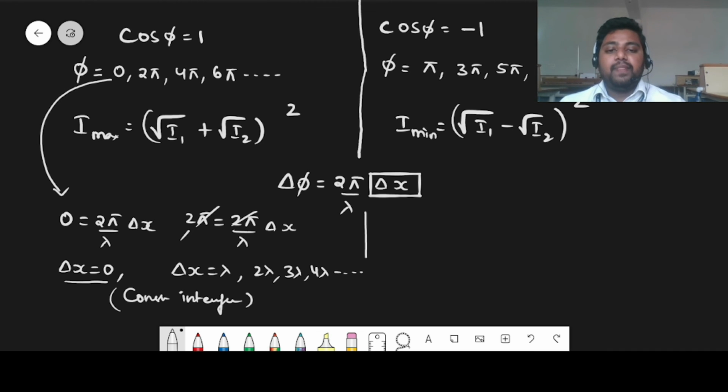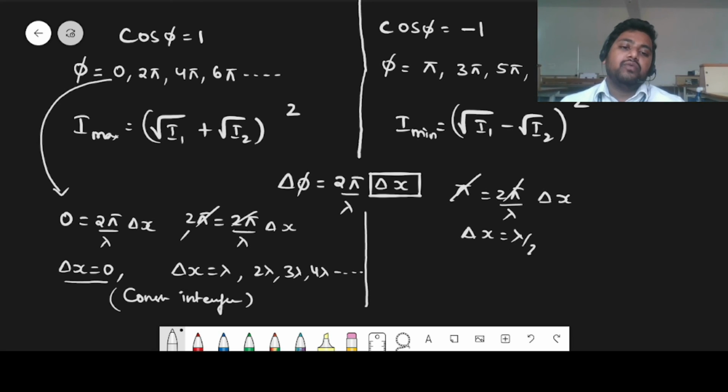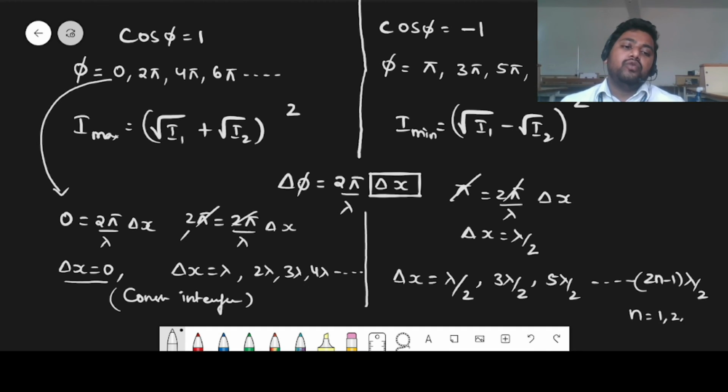In the same way, for destructive interference, if you substitute pi is equal to 2 pi by lambda into delta x, these two get cancelled, and delta x will be equal to lambda by 2. Further, if you substitute different values, if the path difference is lambda by 2 or 3 lambda by 2 or 5 lambda by 2, or in general 2n minus 1 into lambda by 2, where n is equal to 1, 2, 3 and so on, you will get a destructive interference.